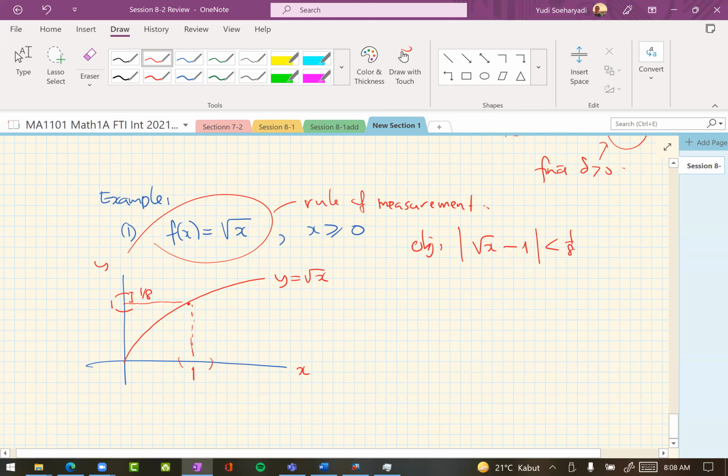So the question now is, what should the error be for this one? You see, the ideal x measurement should be 1. That's the ideal, but you're bound to have errors.